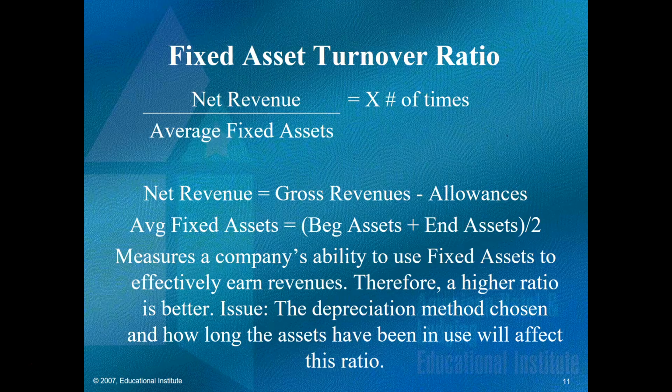We should have, I would say at least, a fixed asset turnover ratio of at least 5, which would mean for every dollar that we have invested in net fixed assets, we've got $5 coming in revenues. If we've got a fixed asset turnover ratio of 10, that means for every dollar invested in fixed assets, we have $10 coming in revenues.